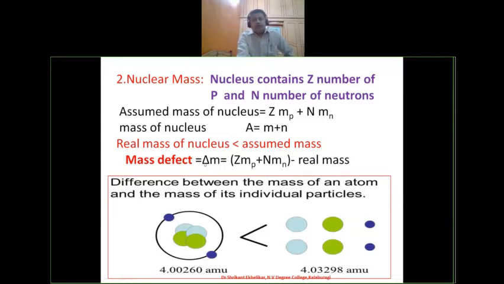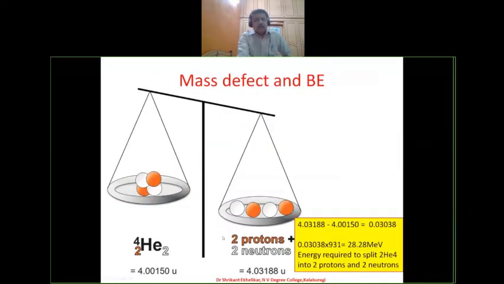So mass defect is equal to the assumed mass, that is Z m_p plus N m_n, minus the real mass. So it is all together less when they are weighed separately. This is known as mass defect.